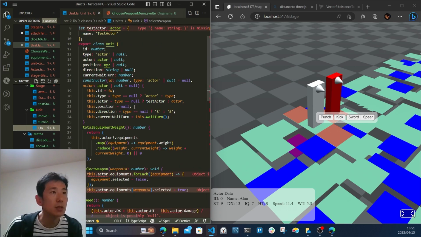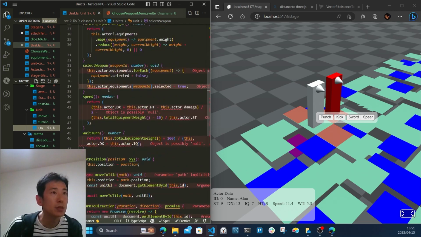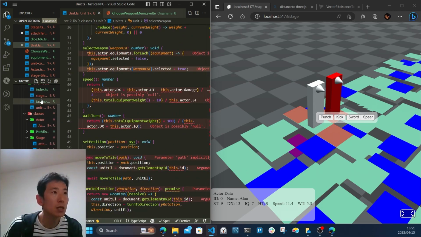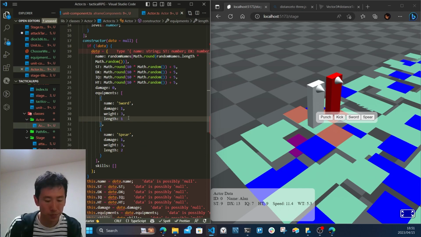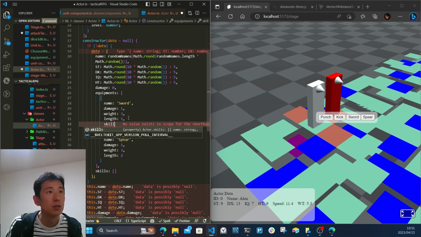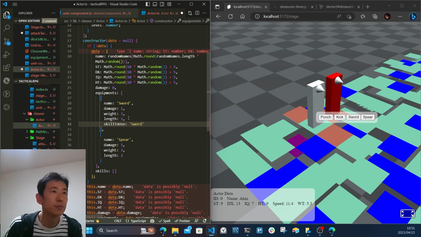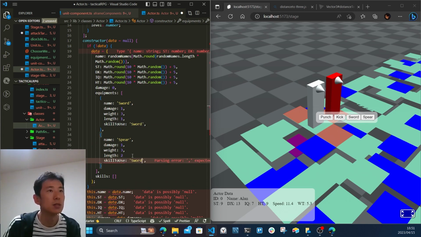So where is it? Oh, actor, yeah. Originally, okay, so skill to use is sword, or spear.